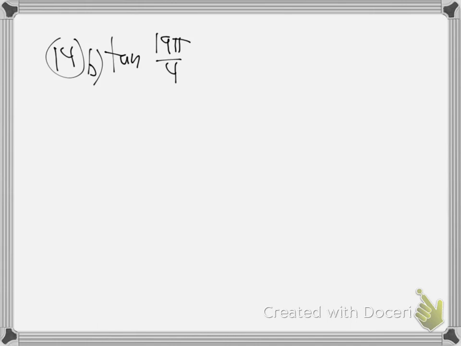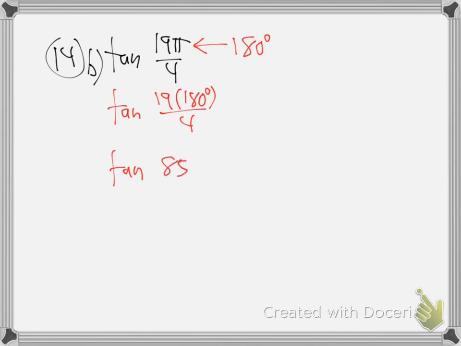So you could put in the 180 if you want. Or you could just subtract a bunch of 2 pi's. Probably 180 is easier. So that'll become tangent of, I don't know. Yeah, 855. You know what to do. Subtract a bunch of 360s, right?